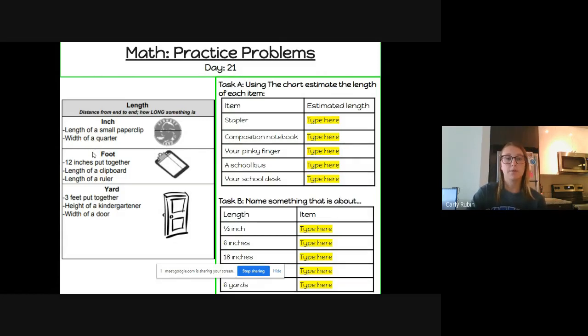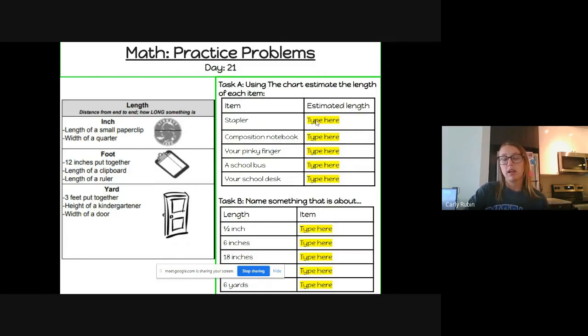And it gives you examples of each, like an inch, the length of a small paper clip, or the width of a quarter. A foot, 12 inches put together, the length of a clipboard or the length of a ruler. And then yard, that's 3 feet put together, which is like the height of a kindergartner. We know they're smaller than you guys, or the width of a door.